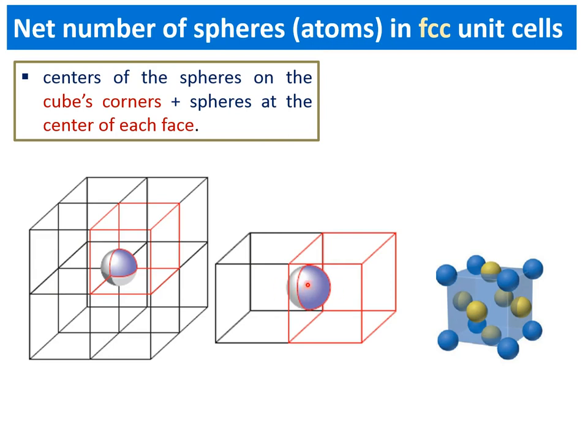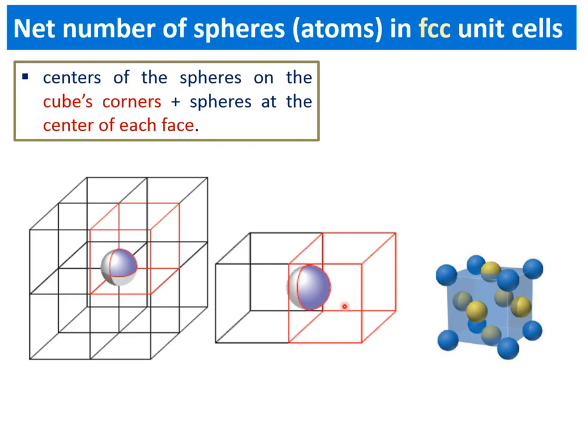If I have an atom at the face here, it can interact with only one other cube. And if we have an atom from the other side, it also interacts with one cube. So atoms at the face participate by half in every single unit cell.